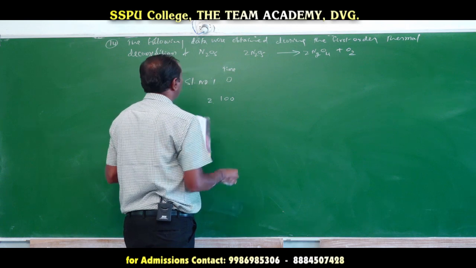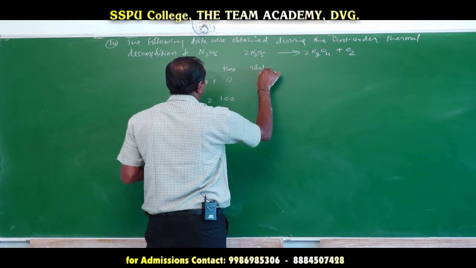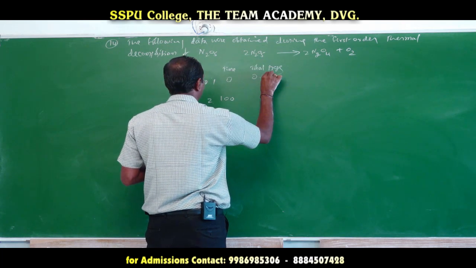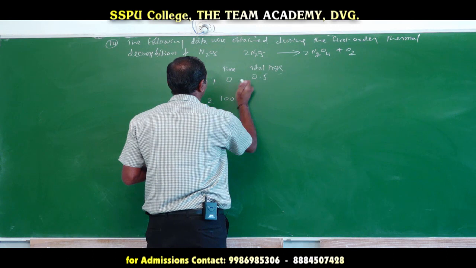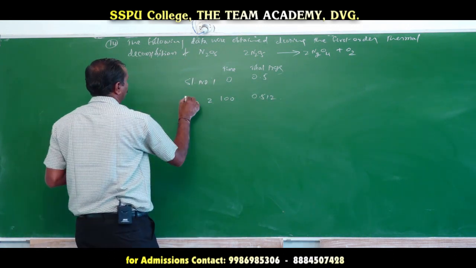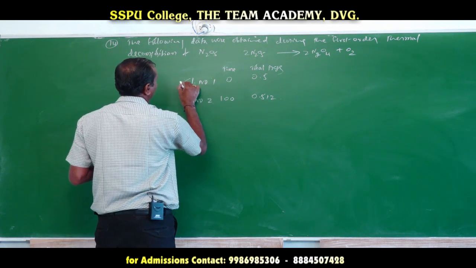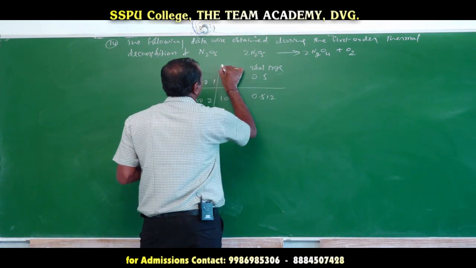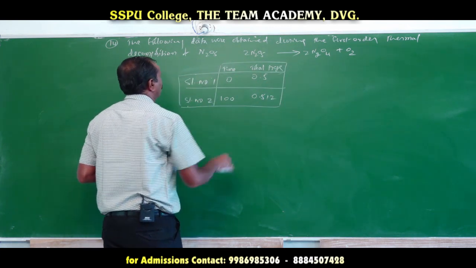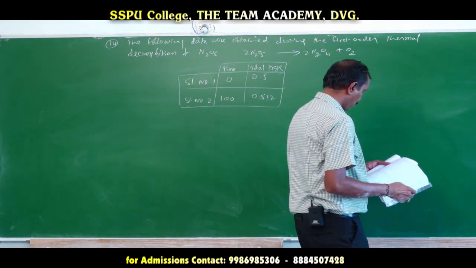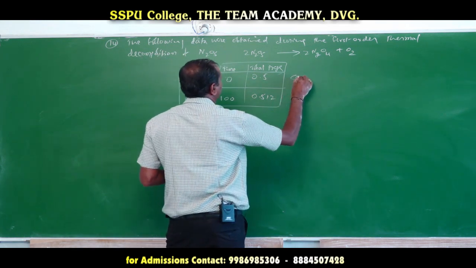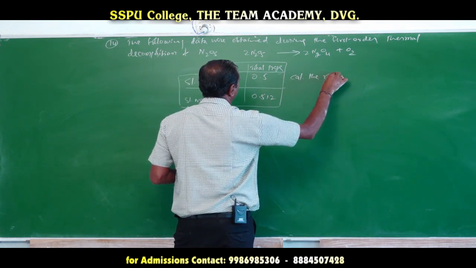At 0 time, the total pressure of N2O5 is 0.5, then it becomes 0.512. Calculate the rate constant.